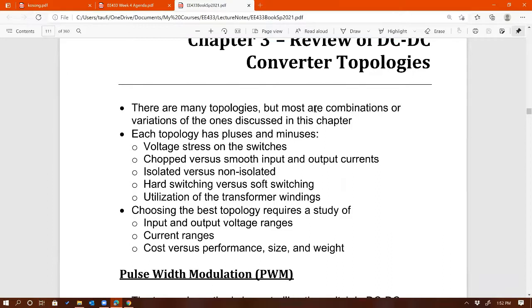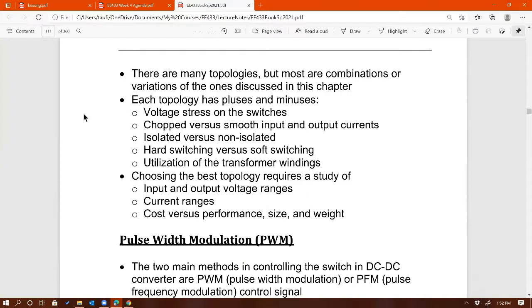So there are many topologies, but most are combinations or variations of the ones discussed in this chapter. There are numerous topologies out there, but the ones that we are going to review in this chapter are the basic ones, the main ones. And people came up with variations of these basic topologies.